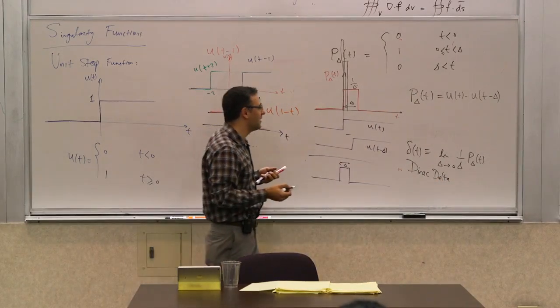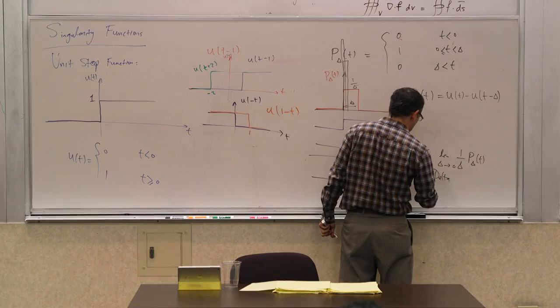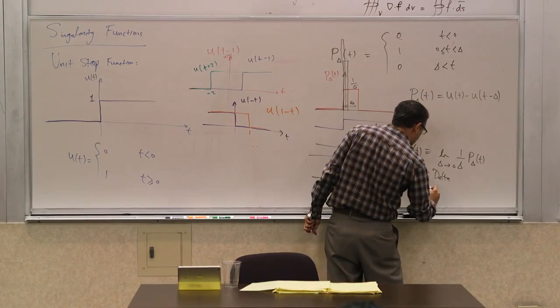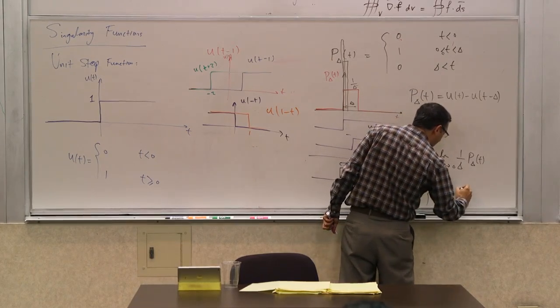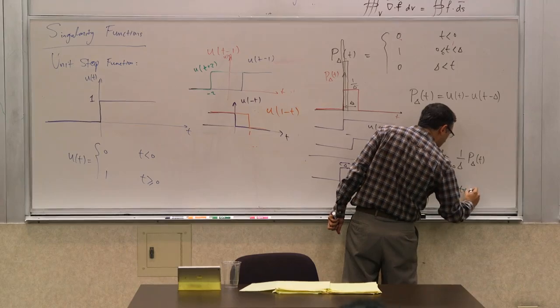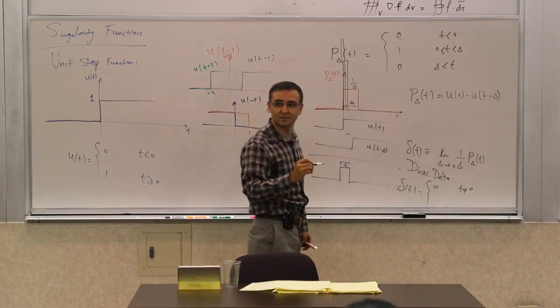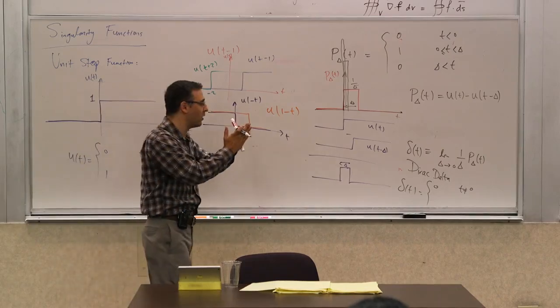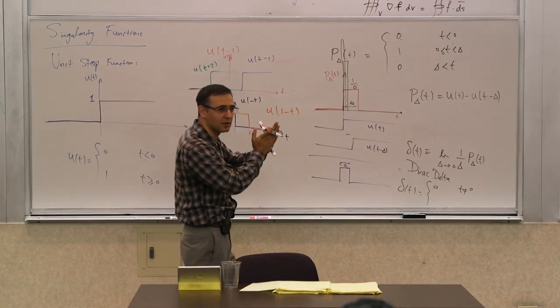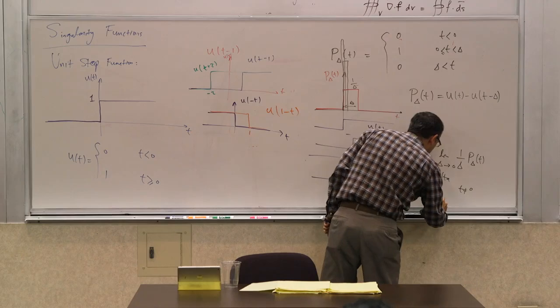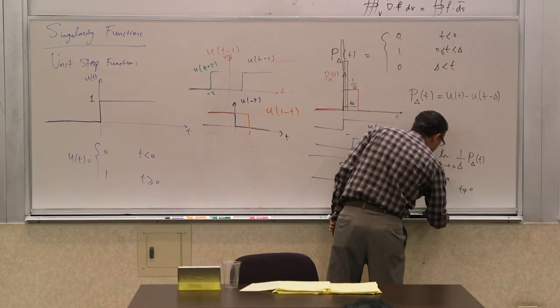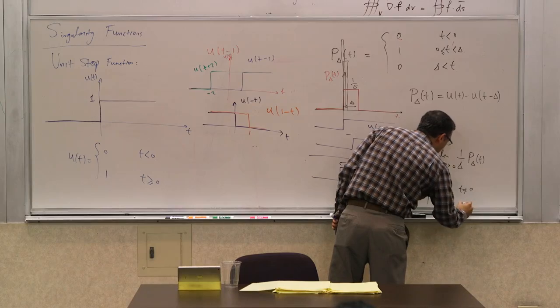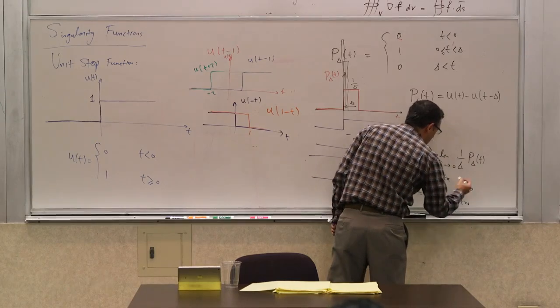Now, the Dirac delta of t is 0 whenever t is not equal to 0, at all times, because the width has become very small, so it is compressed to essentially one point. And its value is undefined at t equals 0.